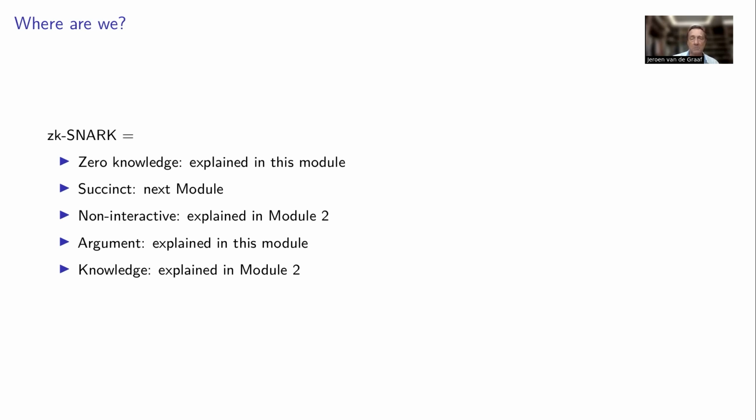I explained the argument and the proof. They are two different settings about the relative computational powers of the prover and the verifier. And the K of knowledge was explained in module 2. So this is where we are. What remains for the next modules is the issue of succinctness.